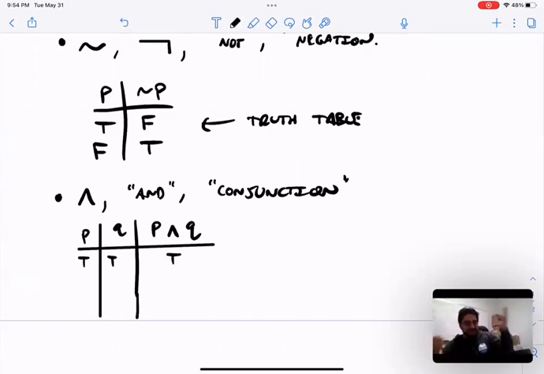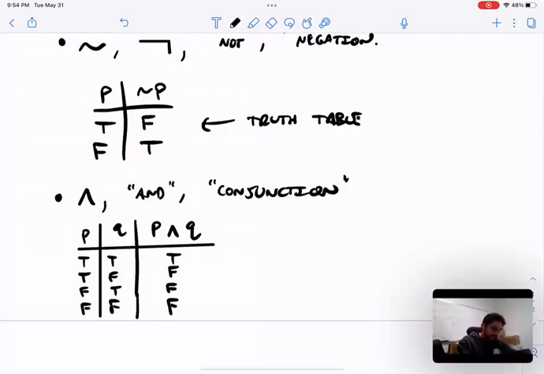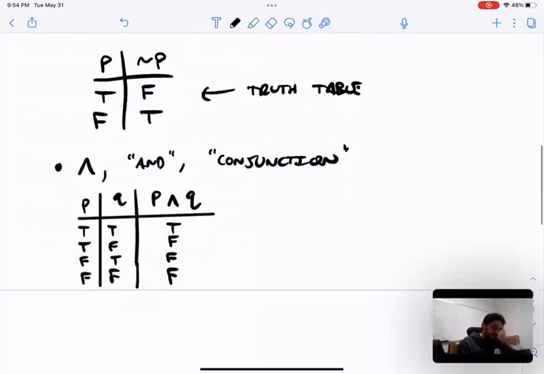It almost sounds like I'm just saying the same thing twice, but that's because our symbolic logic definition of and lines up beautifully with the English language definition of and that we use all the time. So say Q was false, well then the claim P and Q would be false. Say P was false, then the claim P and Q would be false. And if both are false, then certainly P and Q is false.